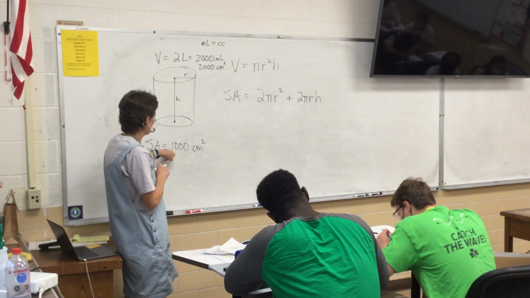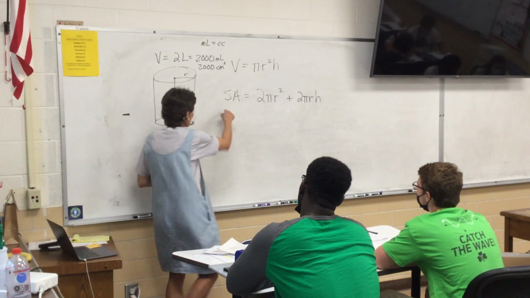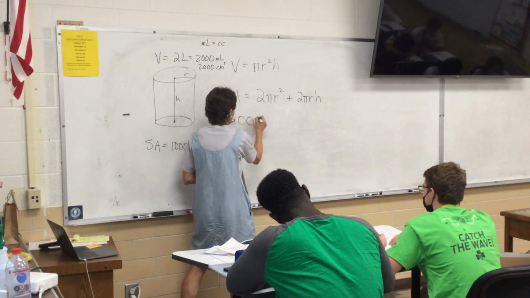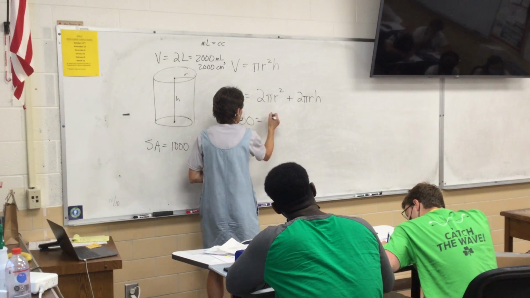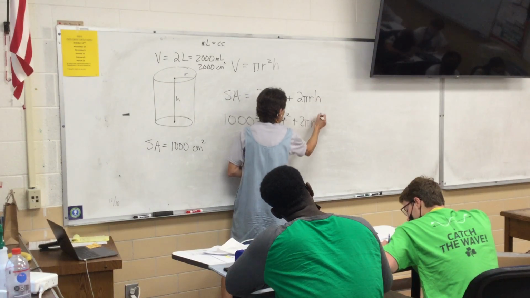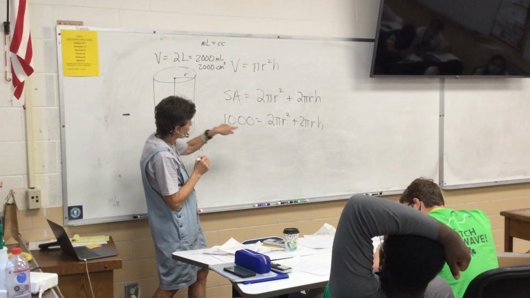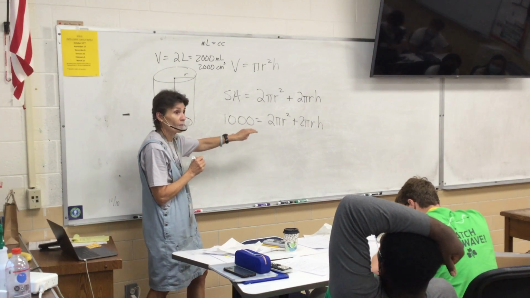Now, I know that the surface area is 1,000. So I'm gonna go ahead and put that right here into this formula that Bronson had us develop. Can I solve that equation for h?